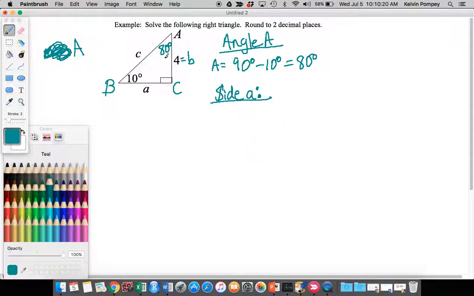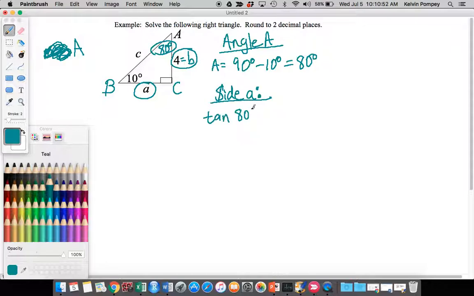If I want to find side length A, and I know B, but I don't know A or C, then I'm going to see which trig function uses this side length here as well as side length A. The only function that uses opposite and adjacent is our tangent function or our cotangent function. Since our calculator only has tangent, if I focus on this angle here, I'm going to use my tangent function.